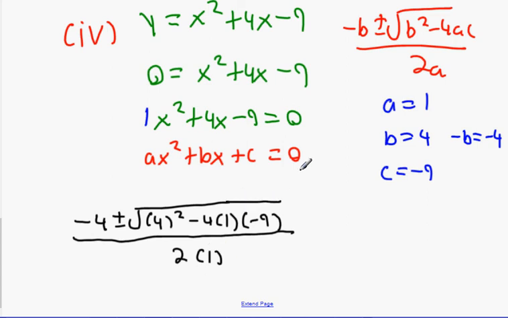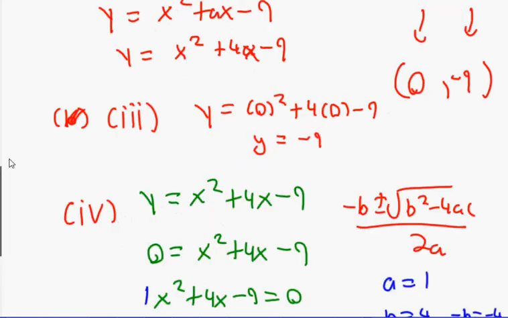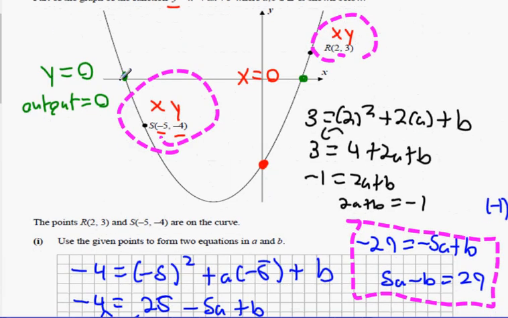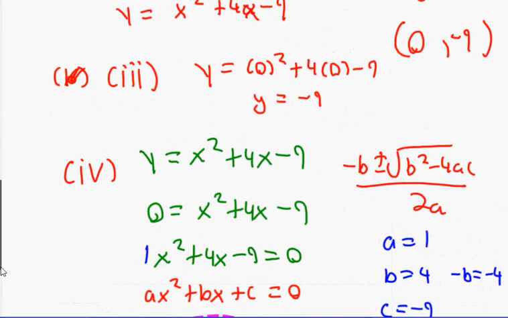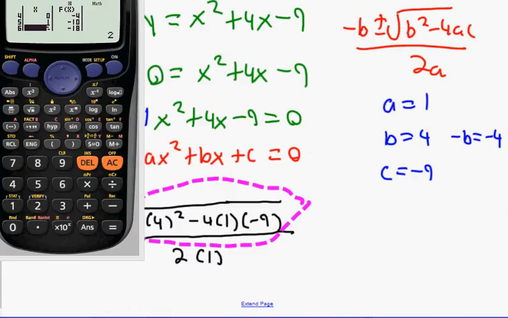Now, trick is, guys, which part do I put into my calculator? Just this part here to begin. Now remember, how many answers are we expecting? 1, 2. We're expecting 2 different answers. So let's put this into the calculator.